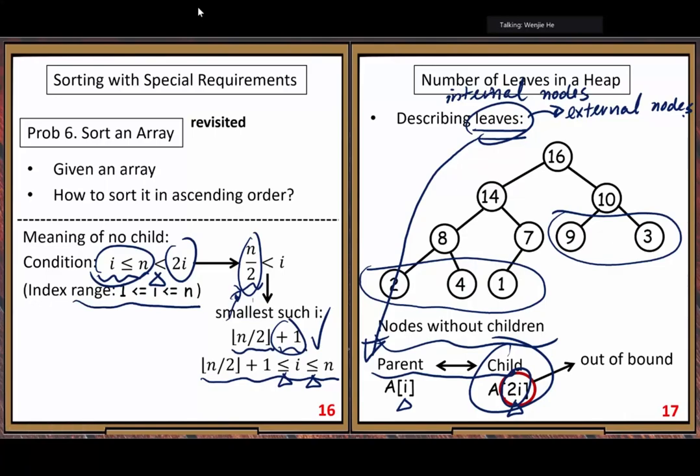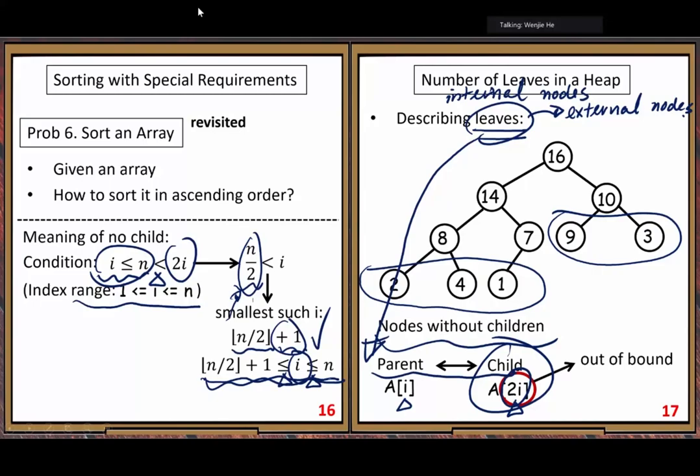So the next question. We want to count the number of leaves, right? So the question, how many index I numbers can we find in this range? Simple counting question. We want to count the number of integers in this range.